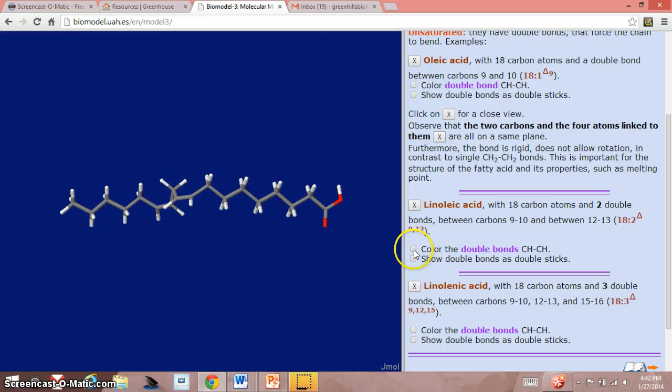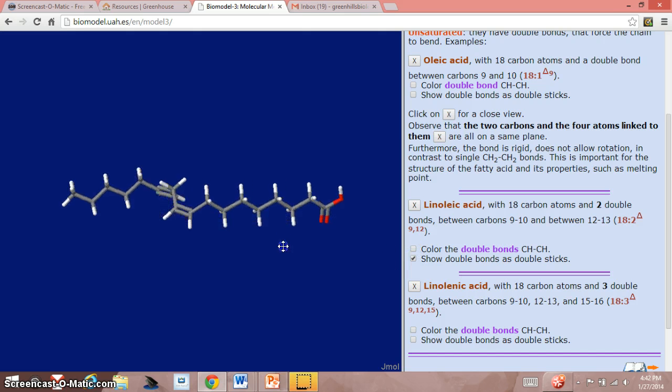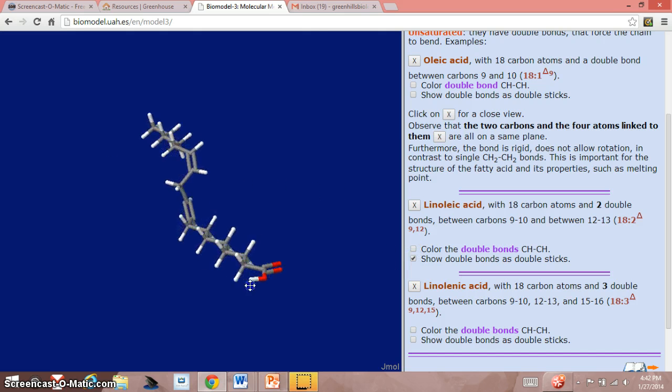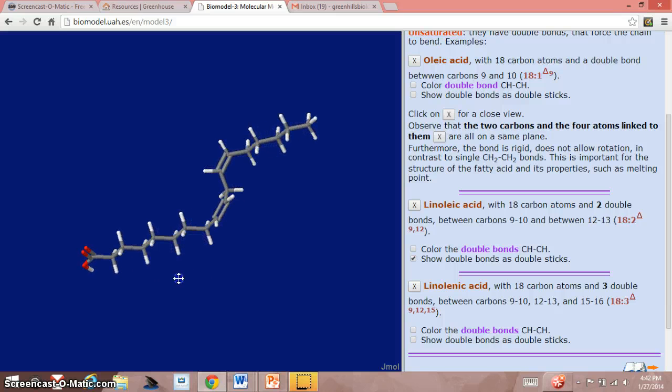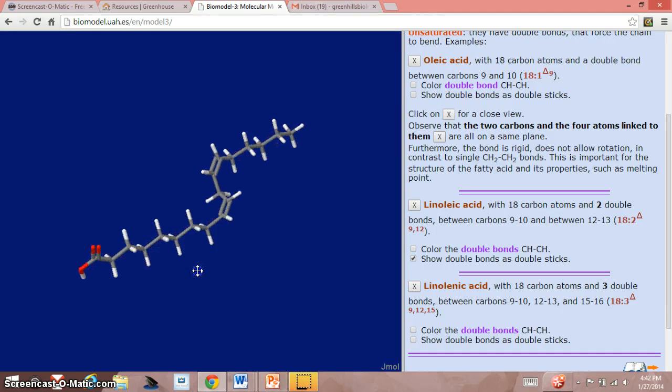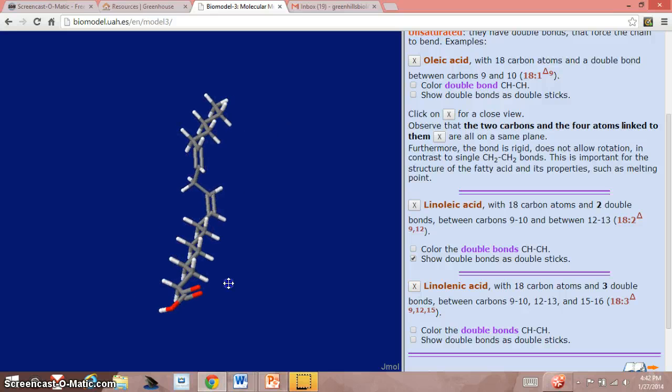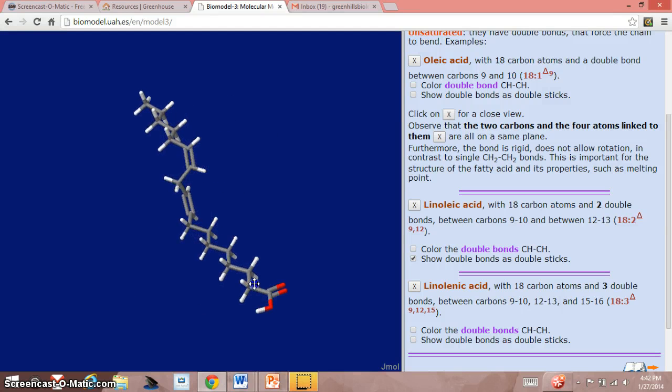So again, first, I'm going to show the double bonds as sticks. There they are. Then your assignment asks you to study the molecule and put down how many carbons are in its hydrocarbon chain. Well, you can count those out. Let me try and rotate it slowly here for you.